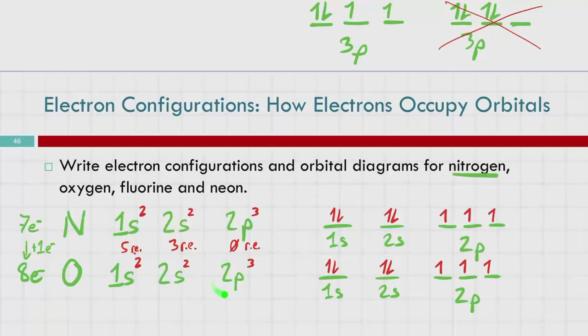So our 2p is the next place that we can add an electron in. So instead of having 3, we're going to have 4. And the way that this changes our orbital diagram is that we're just adding in 1 more electron. So we're going to fill this one in down. And I usually just move left to right. So that would be our electron configuration and orbital diagram for oxygen.